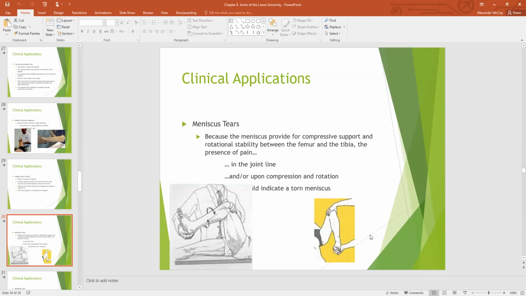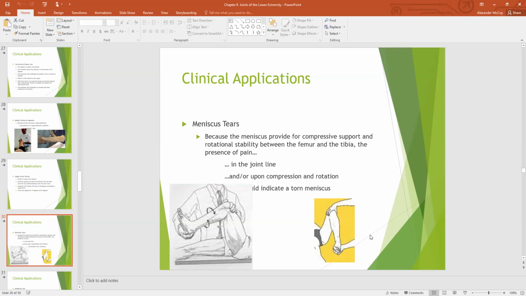But I always like to add this asterisk, especially if you're going into this field. There's a lot of stuff going on in the knee joint, and it's a very tight space. So the pain, the clicking that you produce may or may not be the meniscus. It could be things like plica or other ligaments and tissues. So really, we can't know until we go in there or until we have an MRI.